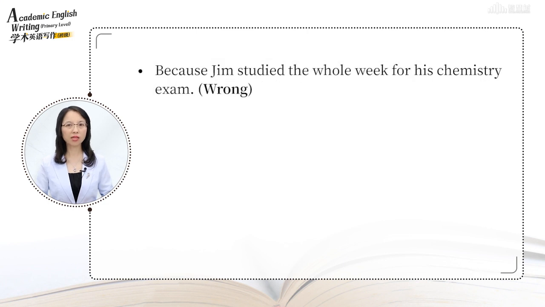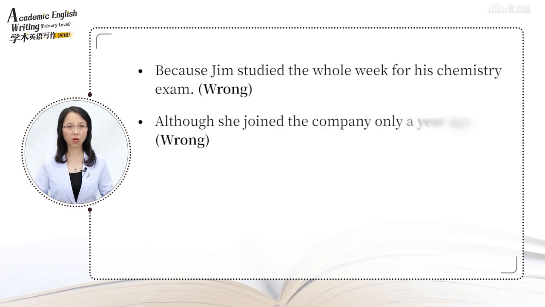For example, because Jim studied the whole week for his chemistry exam, although she joined the company only a year ago. These two examples are not complete sentences because they have only a dependent clause, so they are wrong sentences. To write a correct and a complete sentence, you need to add an independent clause to the dependent clause.